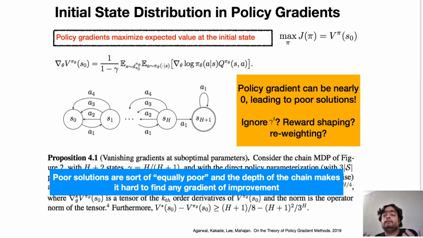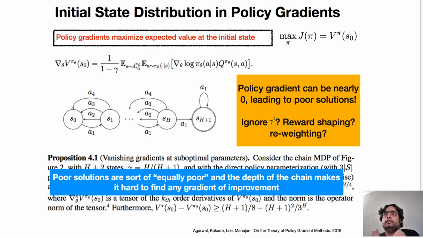You might also want to consider some kind of reweighting of your initial state distribution, and solve a policy gradient problem under a new, more diverse or more covered initial state distribution, because if you only take the initial state to be S naught, you will probably not find the gradient at all. Whereas if you have SH plus 1 be highly represented in your data distribution for the initial state, you will be able to optimize on that.